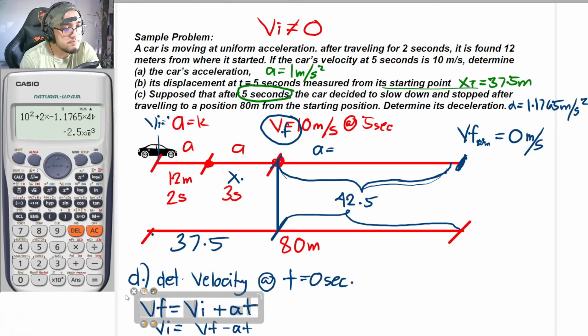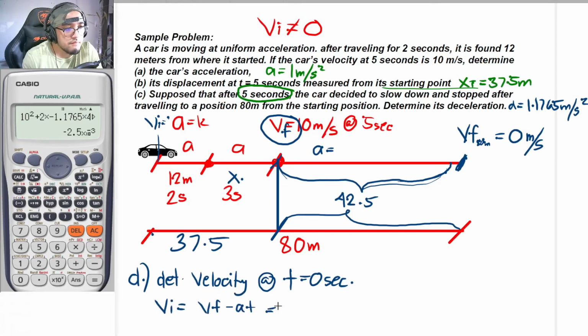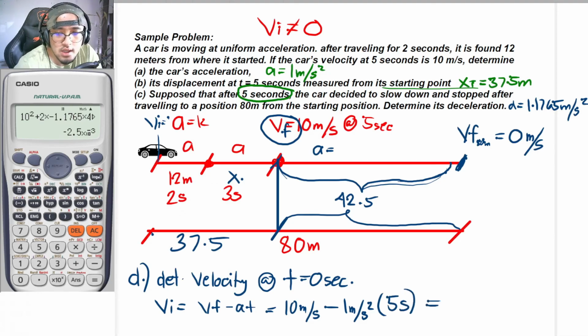So with that, substituting known values, our VF is equal to 10 meters per second minus our acceleration that we have solved for earlier, 1 meter per second squared, times t, which is a total of 5 seconds. So our answer here is 10 minus 1 times 5, which is 5 meters per second.